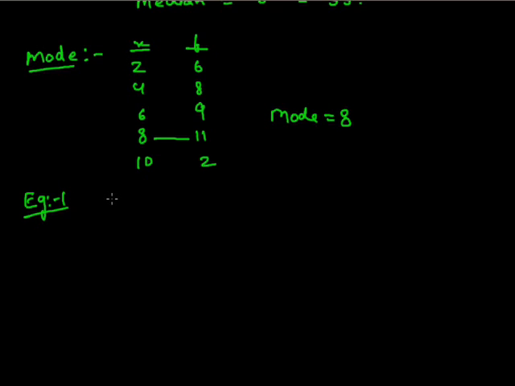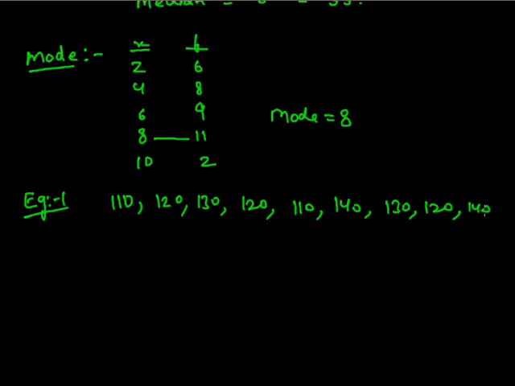The example is given as 110, 120, 130, 120, 110, 140, 130, 120, 140 and 120. These are the observations given, and we need to find the mode in this case. So see what the frequency of each observation is.